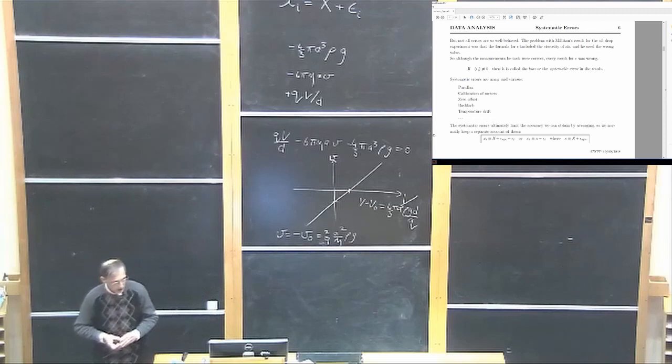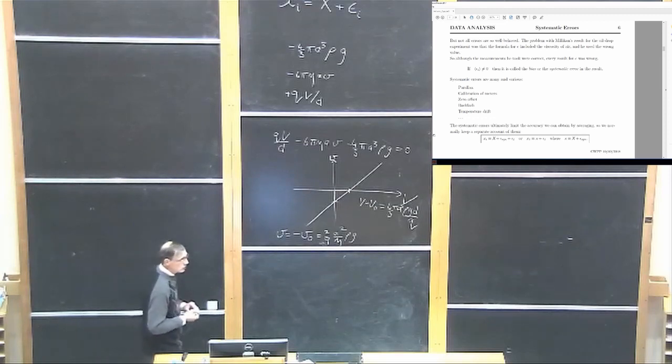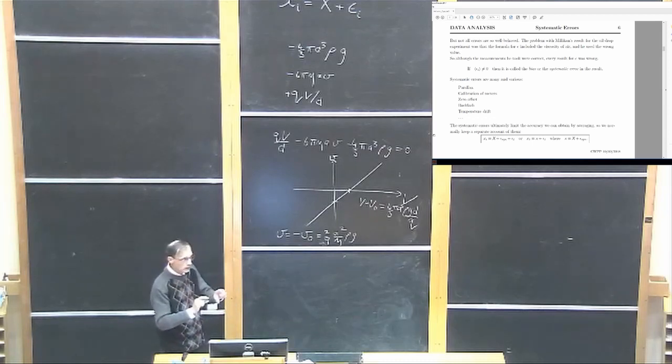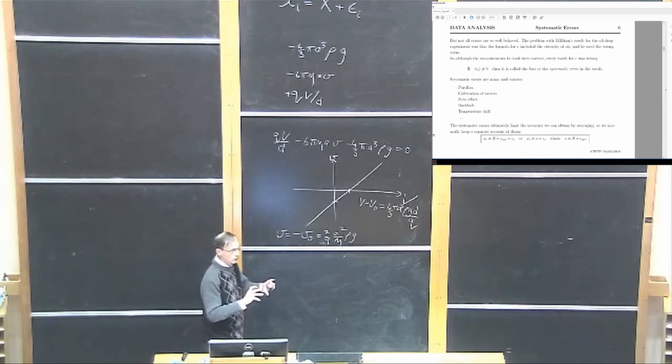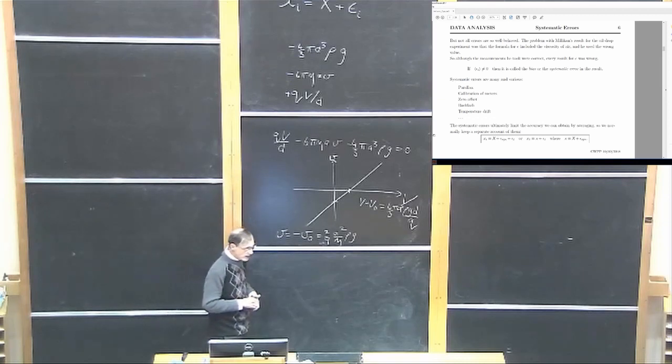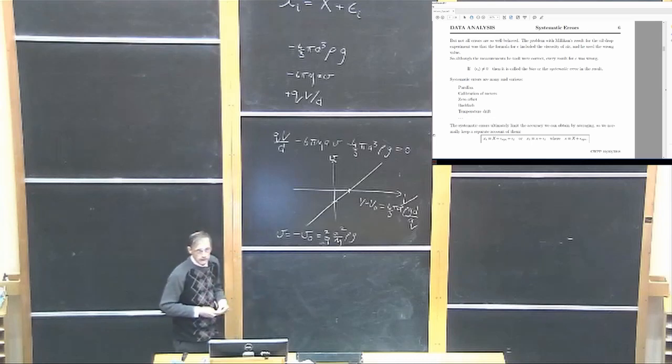Millikan was a brilliant experimentalist, and everybody trusted him, and his value for the electronic charge was used for the next 20 years or so, but it rapidly became clear that there was some problem in the fundamental constants somewhere, that these different combinations of the fundamental constants, when you measured them in different ways, didn't fit together the way they ought to. By the 1920s, about 15 years later, there were two values of E in circulation.